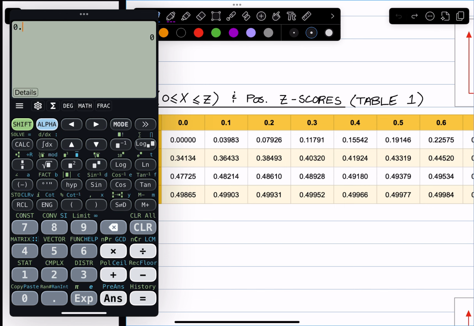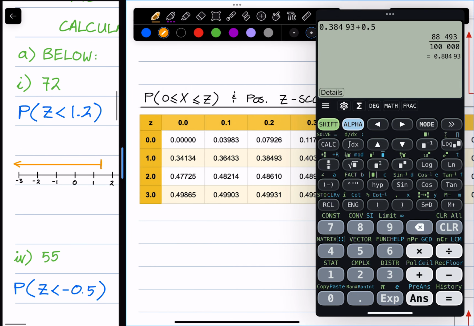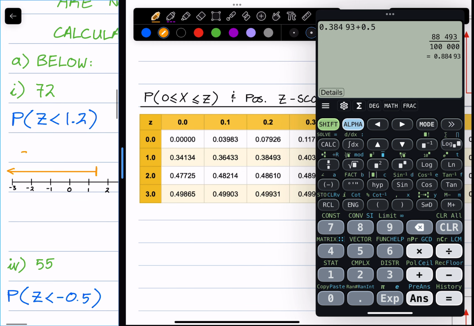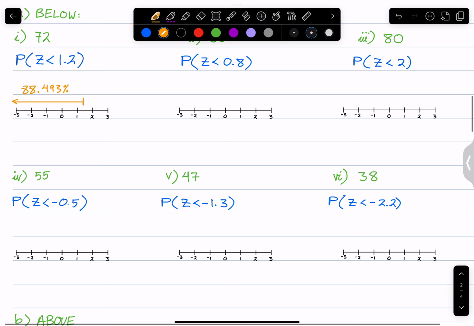So 0.38493. And to this, we're going to add 50%, which is 88. So this percentage is going to be 88.493%. And that's essentially it for this table.